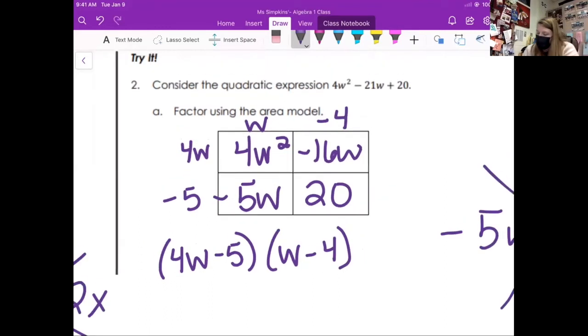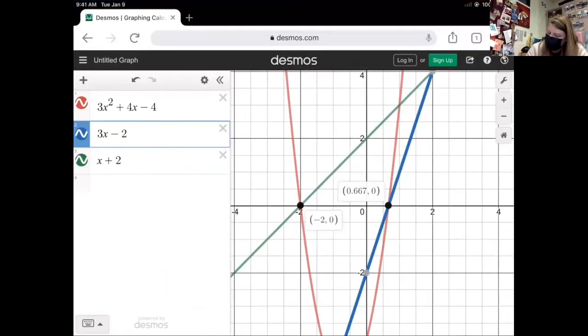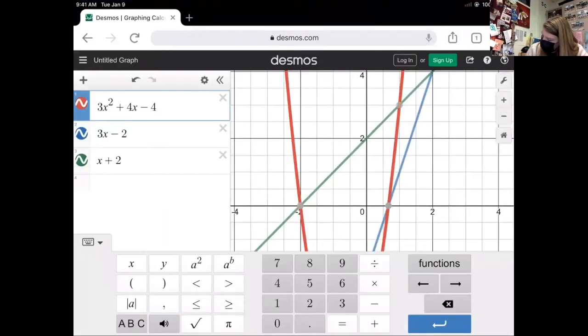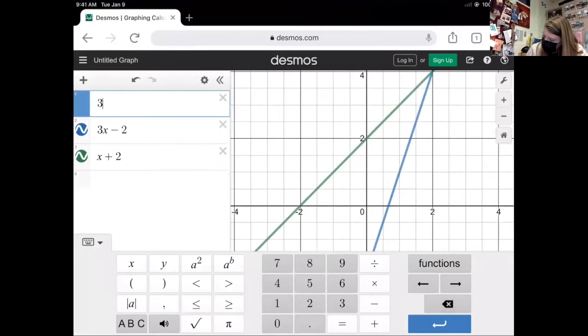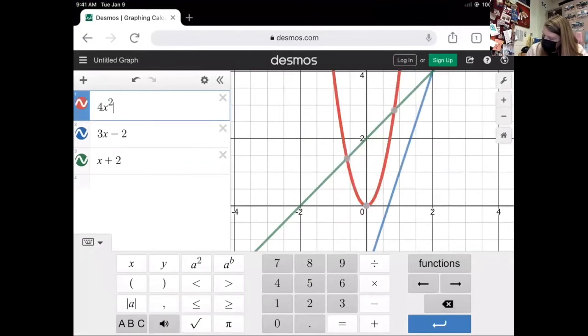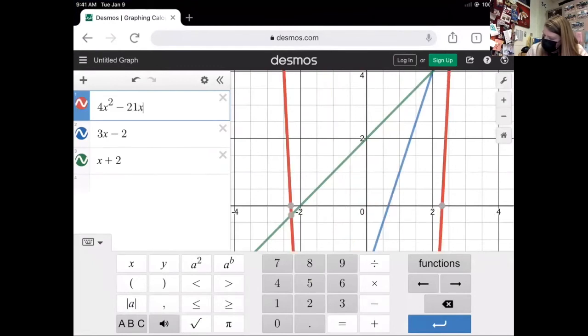Okay, again, I'm just going to check. You don't have to do this every time, just for the first few, I'm going to do this. So I'm going to type my quadratic into Desmos, which was 4w squared. I'm going to use x though. Plus minus 21x plus 20.